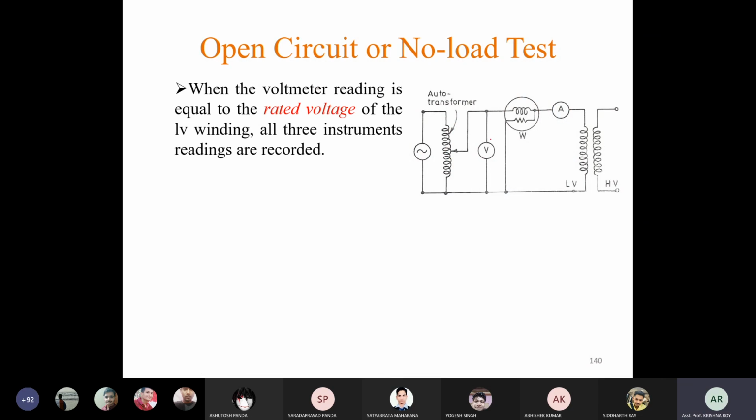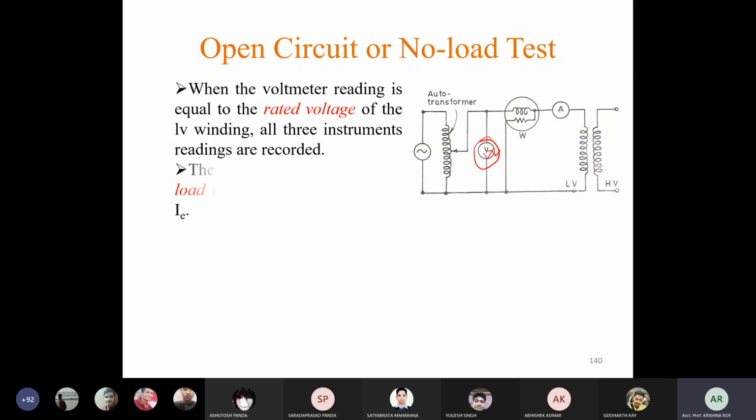This voltmeter will read 200 volt, that is the rated voltage, for we have assumed the transformer as 10 kVA, 200 volt by 2000 volt. So while we are giving that input to the low voltage side, this voltmeter will record that voltage reading.